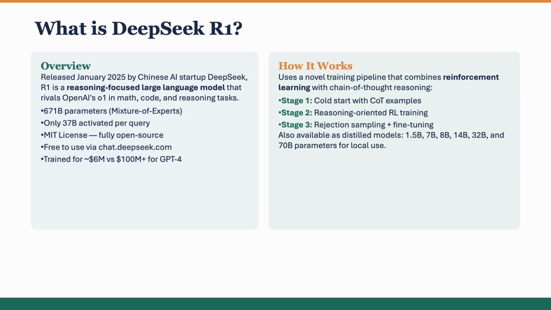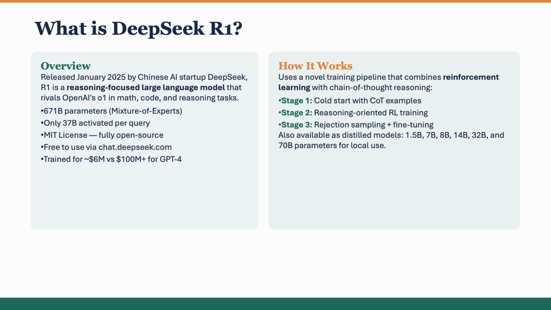So what exactly is DeepSeek R1? It was released on January 20th, 2025 by a Chinese artificial intelligence startup called DeepSeek, which is backed by the hedge fund High Flyer Capital Management.